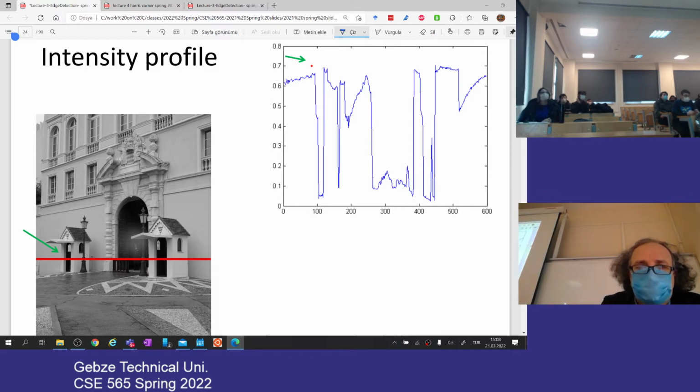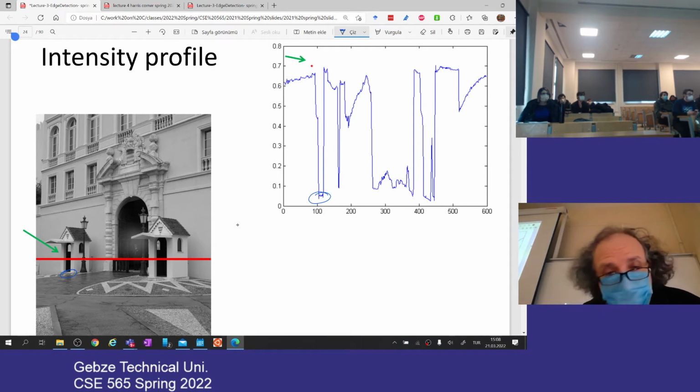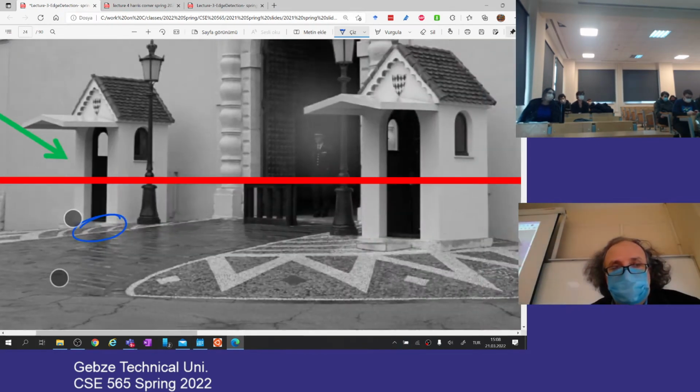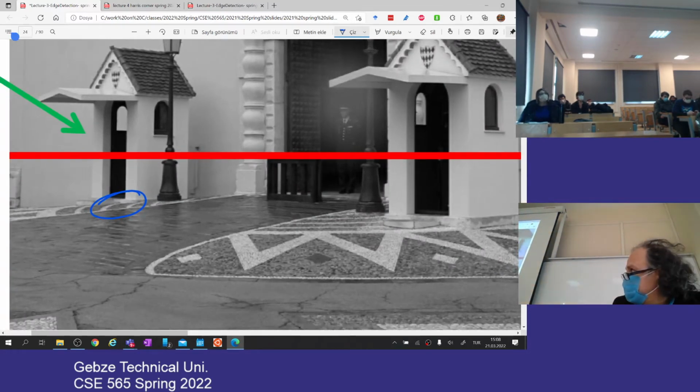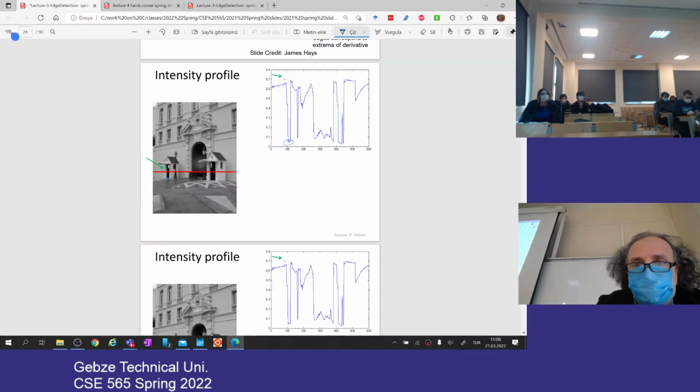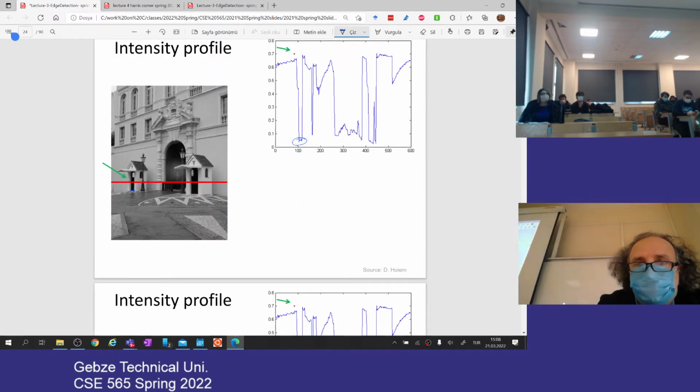Oh, okay, I guess this part corresponds to this part in the image, right?